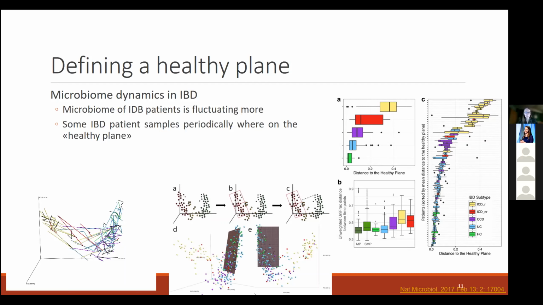So what would it mean if we used a case control design? In some cases, we could not detect the differences between the healthy controls and the IBD patients if they were on the healthy plane. However, when we use this longitudinal design, we can see these fluctuations.